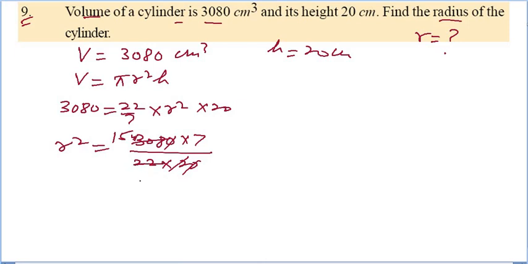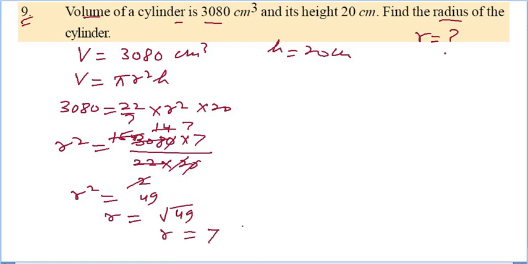Now come to the 11 2 ja. This one 22 and 11 1 ja 11 and 11 4 ja this one. So 2 1 ja 2 and 2 7 ja. So R square is equal to 49. So R will be equal to under root of 49. So R is equal to 7 centimeter and that one is your answer.